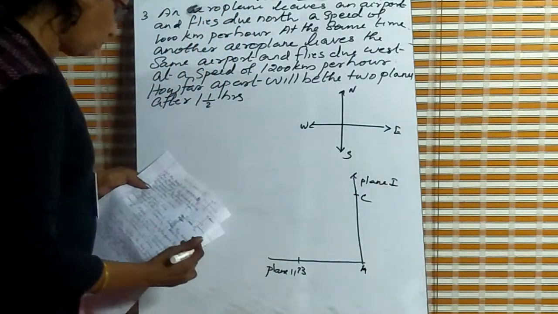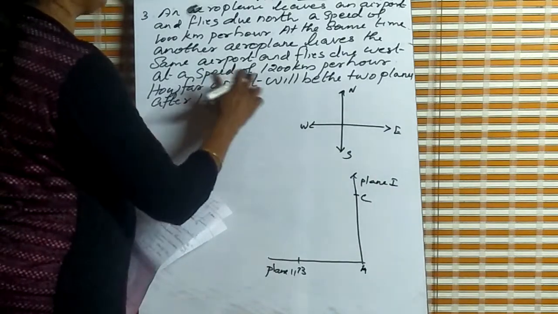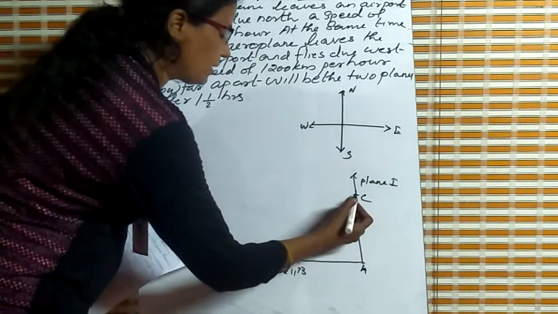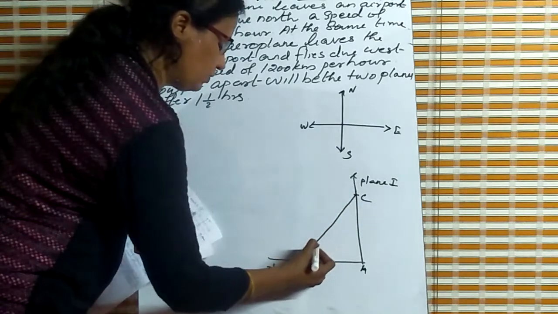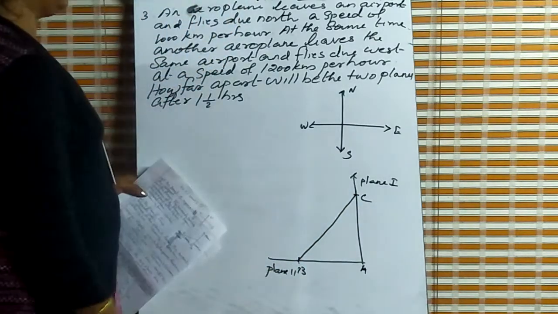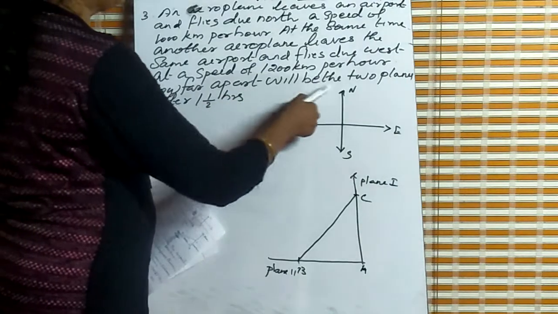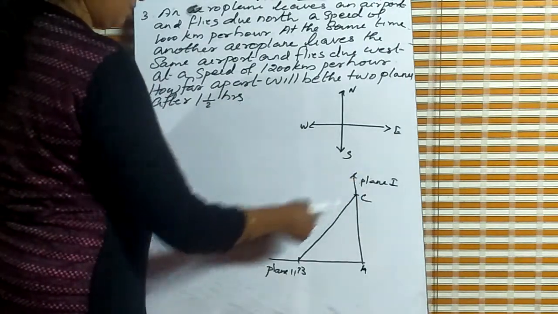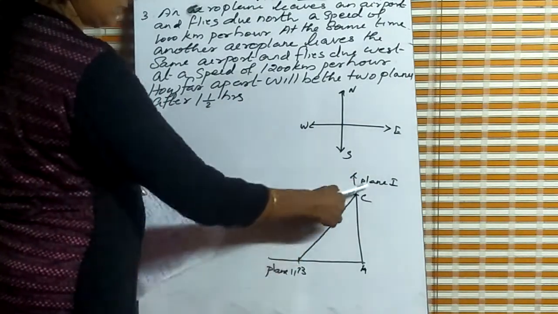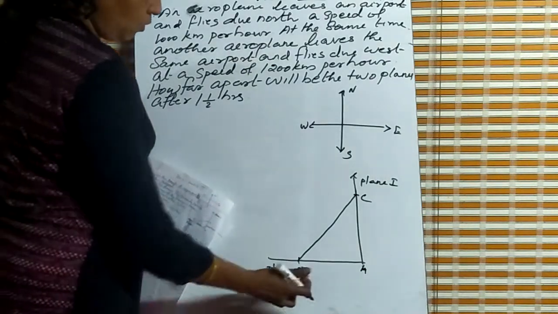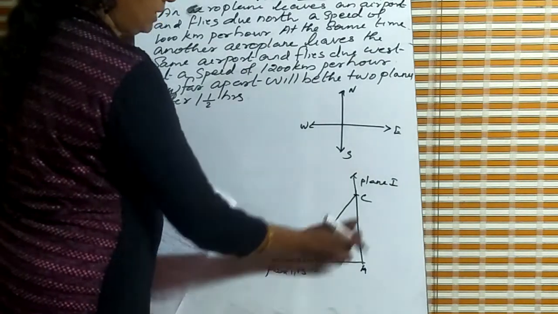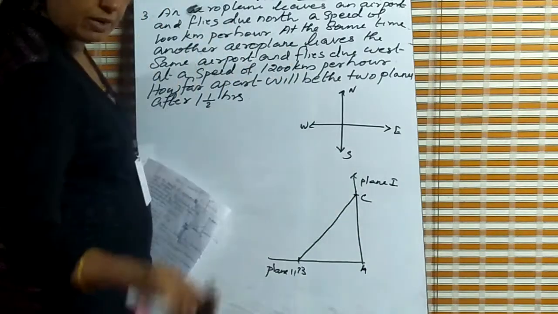And at a speed of 1200 km per hour. Join this. We have to calculate this BC. How far apart will be the two planes? Plane 1, plane 2. What is the distance BC? For that, first we find AB and AC after 1.5 hours.